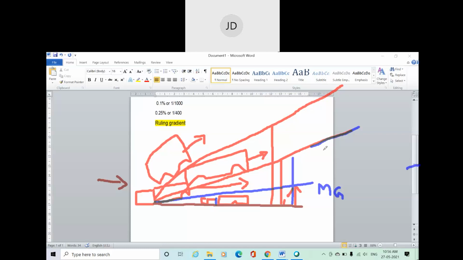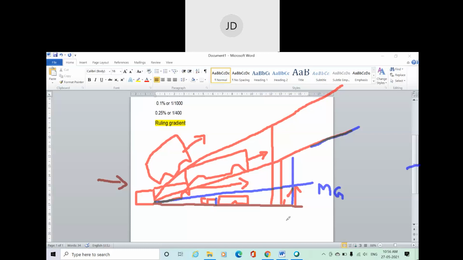up to which a train can travel, or a locomotive can carry the wagons, without additional or external force, with the same engine power. So this is basically about ruling gradient. What is the definition of ruling gradient? We already discussed it, but I'll repeat.